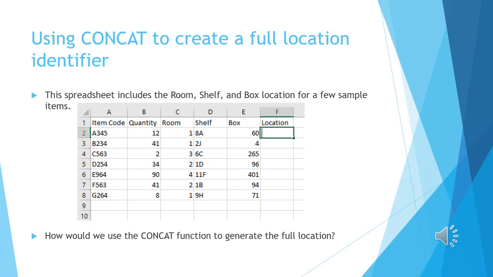As you know, every sample location includes the room number, shelf number, and box number. Sometimes we need to refer to each one separately, but sometimes we need the whole thing. I've created a spreadsheet with some sample data here.